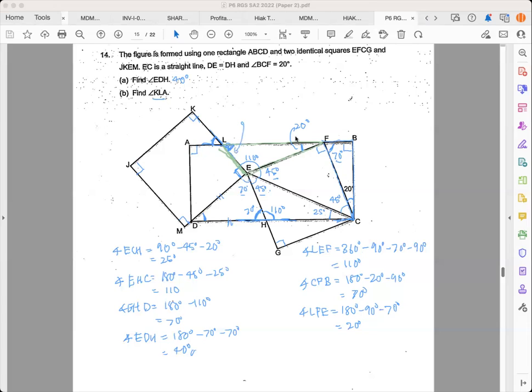So this angle will be angle ELF. 180 degrees minus 110 degrees minus 20 degrees. I will get 50 degrees. This is 50 degrees, and KLA will also be 50 degrees because they are opposite angles. So the answer is 50 degrees. Now let's continue with question number 15.